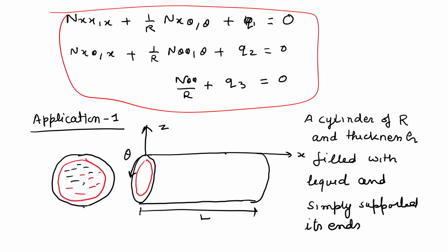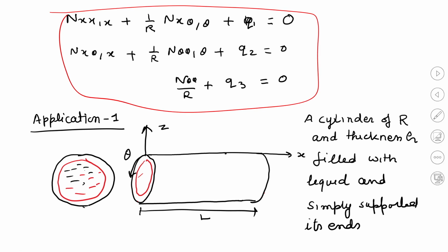So, the very first application is a closed cylindrical shell under liquid pressure, or a liquid storage tank. Say there are cylindrical shells in which LPG or some oil or water is stored inside the tank, and the cylinder is filled with liquid and simply supported at the ends.